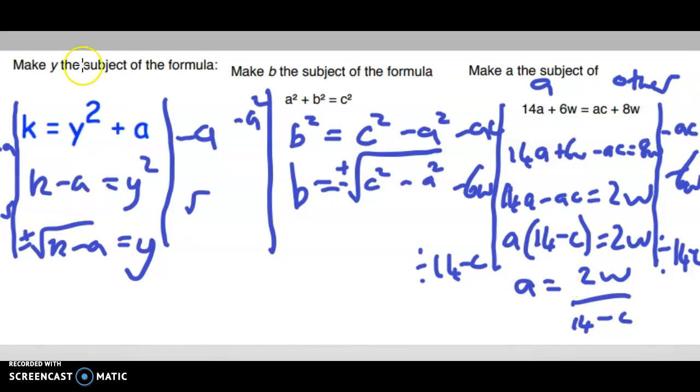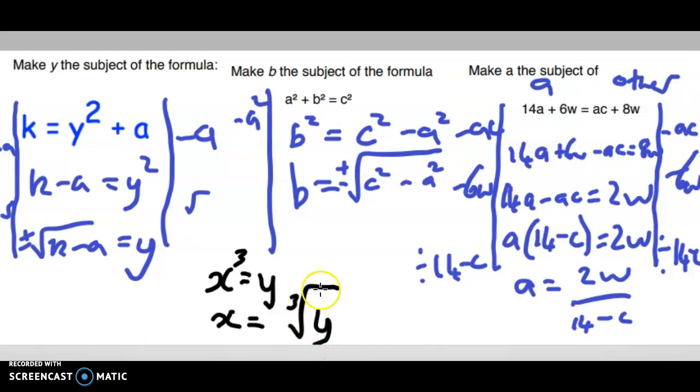I just want to add in one more thought, and I'll do it in a different color, and I won't make it too complicated a question. If I wanted to make x the subject of this formula, you take the cube root of y. Because it's an odd power, the only way to make an odd power, even times even times even, gives me even.